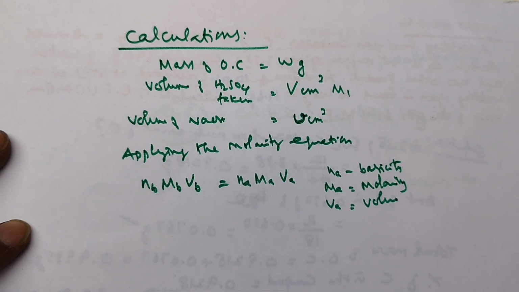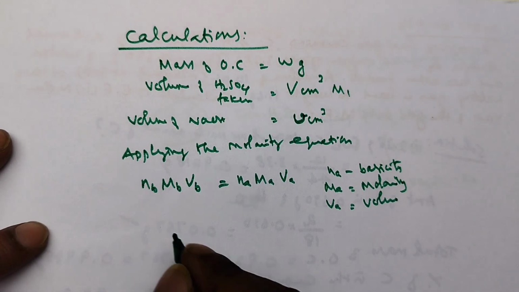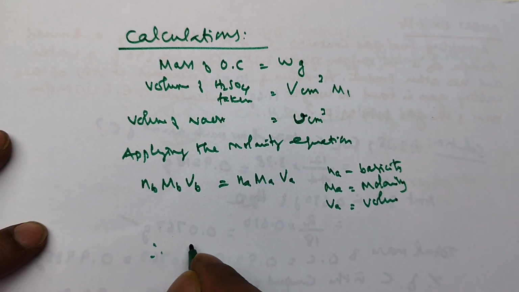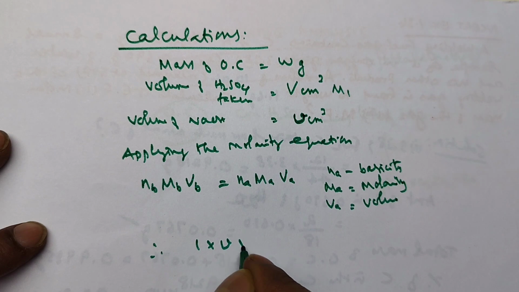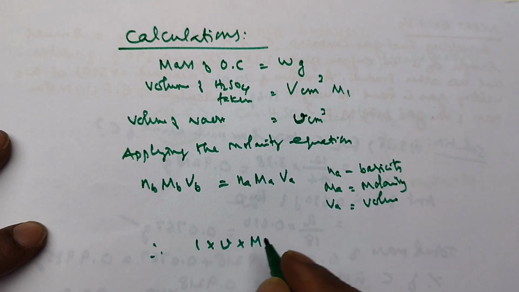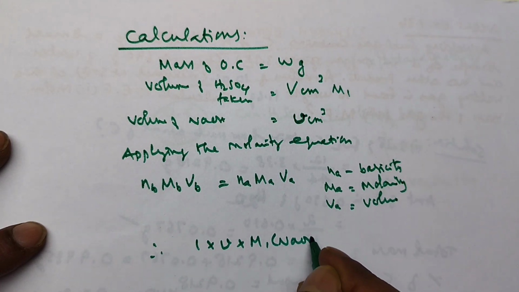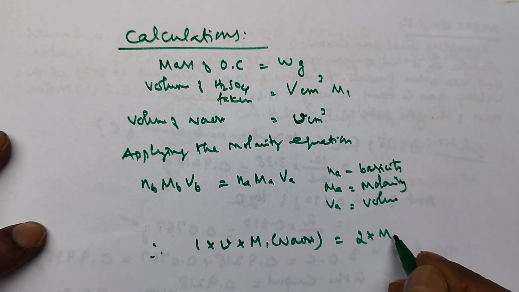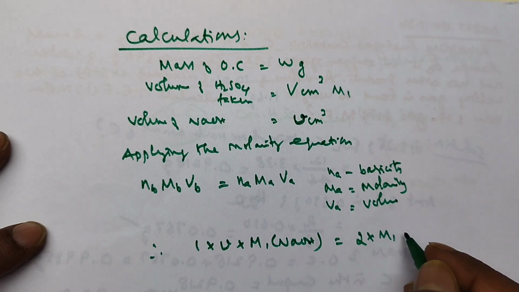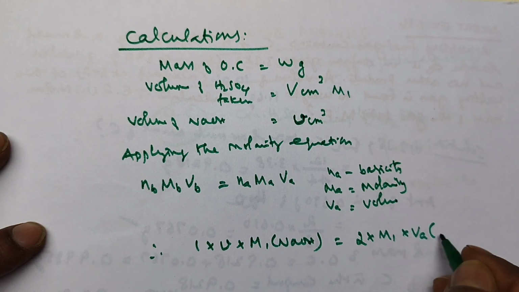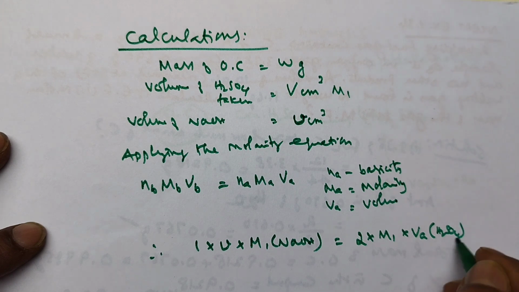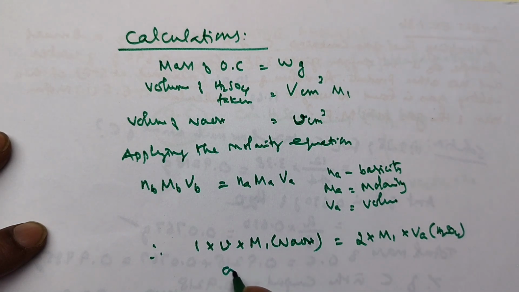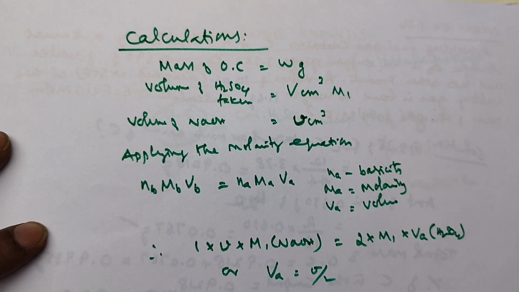Similarly, for NB, MB and VB you can take it like this. For the base NaOH, it is 1 into small v into the molarity, and for the acid it is 2 times the molarity of the acid into VA, the sulfuric acid volume. So the volume of the acid is small v by 2.